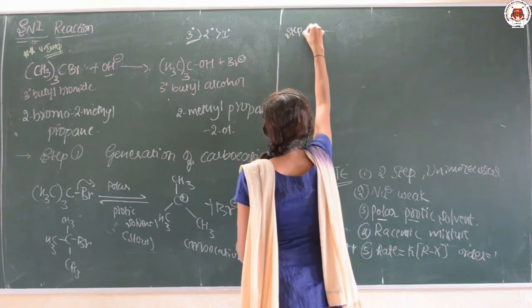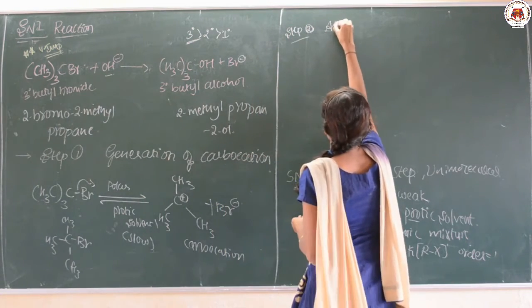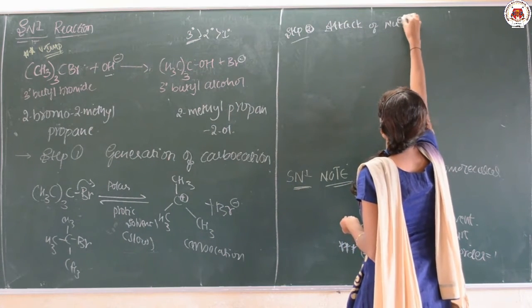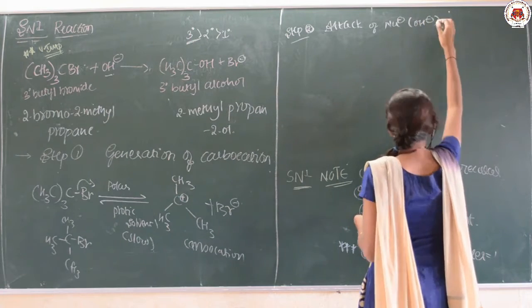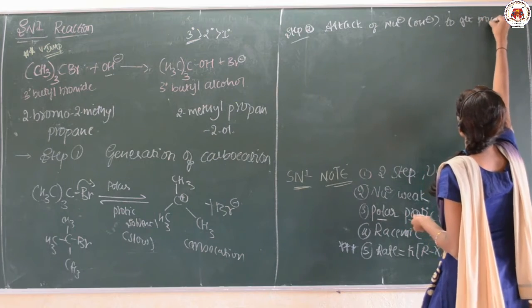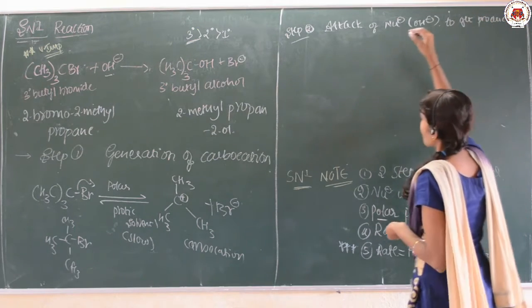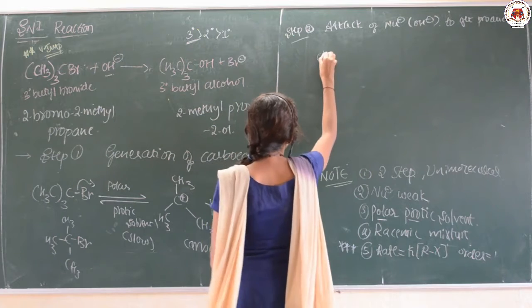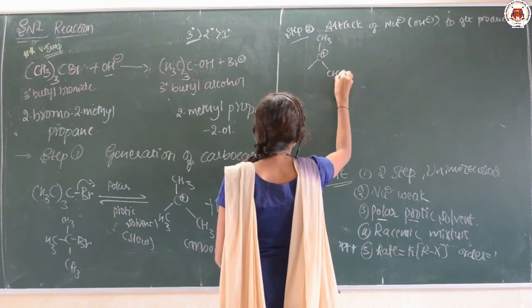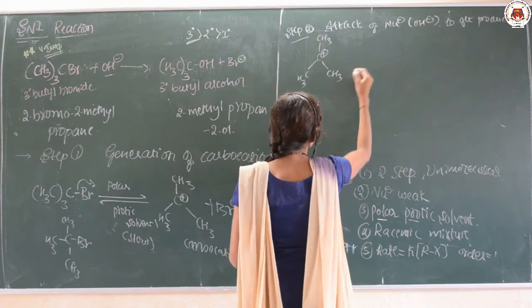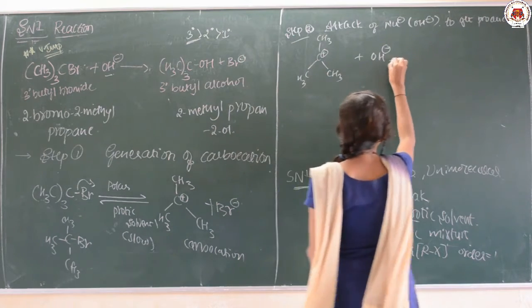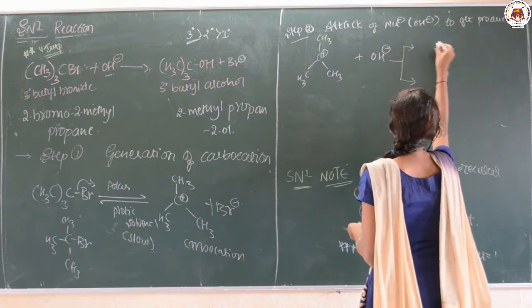Step 2, attack of the nucleophile, that is OH minus, to get the product. So the carbocation plus OH minus, and you are going to get the racemic mixture.